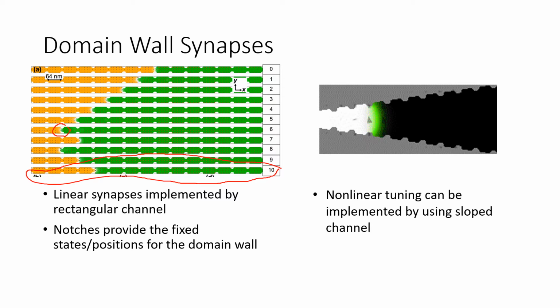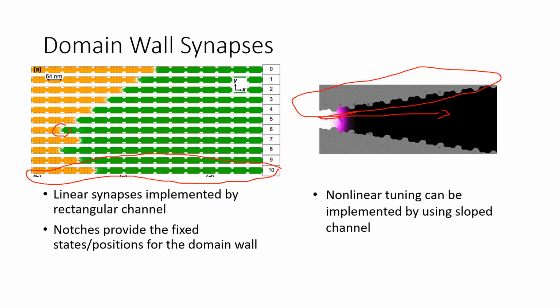Now, how these weights are implemented is that the weights are represented by the position of the domain wall. And on the right, you can see a nonlinear synapse. You can see this slope-like structure here that implements the nonlinearity with respect to current density. So what happens is you use current to drive this domain wall. You apply current and it drives the domain wall. And here you can see the domain wall moving.